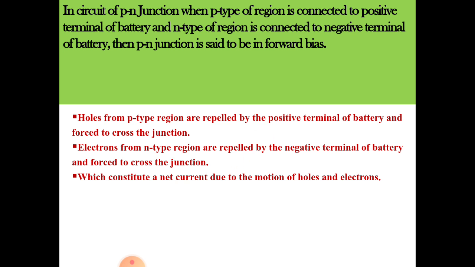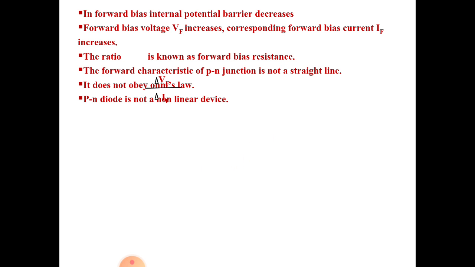Holes from the P-type region are repelled by the positive terminal of the battery and forced to cross the junction. Electrons from the N-type region are repelled by the negative terminal of the battery and forced to cross the junction, which constitutes a net current due to the motion of holes and electrons.